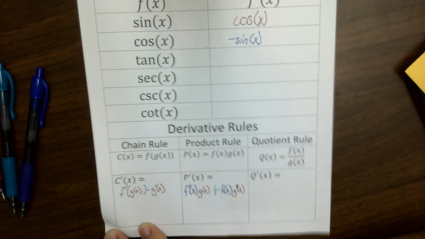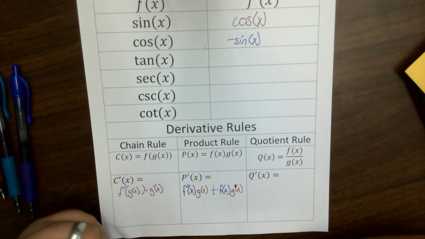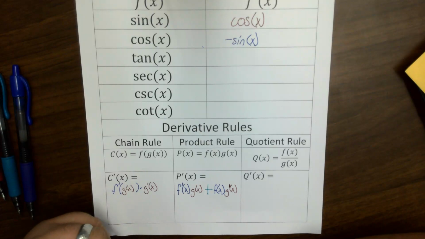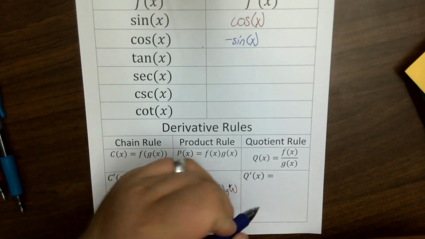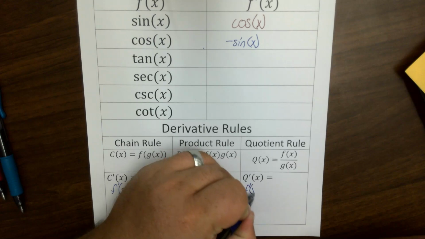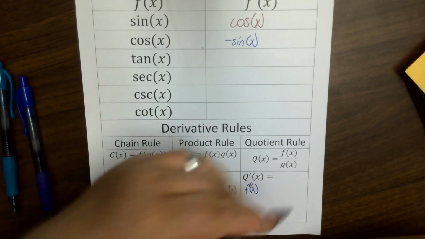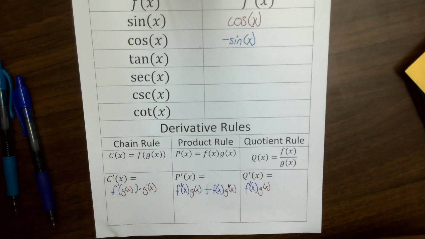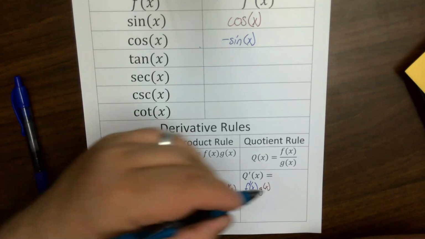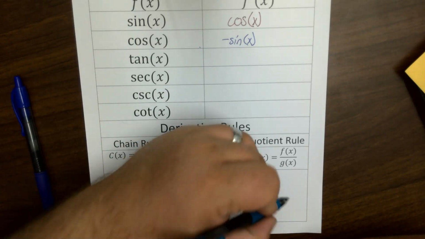Quotient rule. I am done ragging on quotient rule. I love it. But what I don't love is when students make mistakes with it. So let's not make any mistakes with it. F prime of x times g of x. That looks a lot like the product rule, which is where the biggest mistake comes in, because it's no longer a plus, it's a minus.